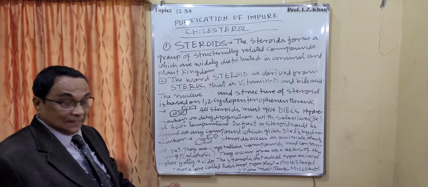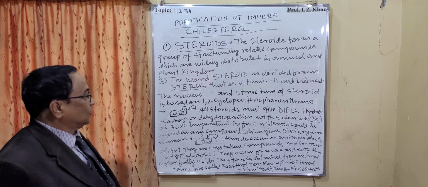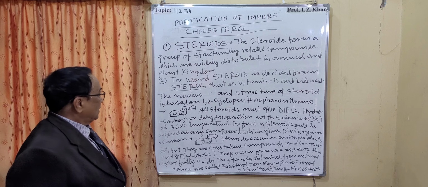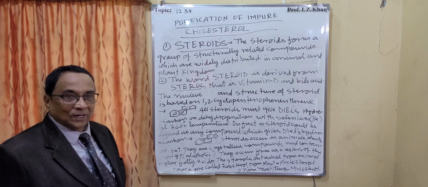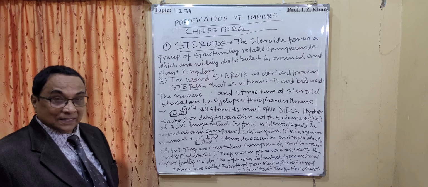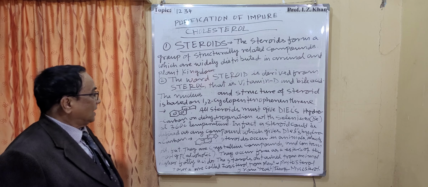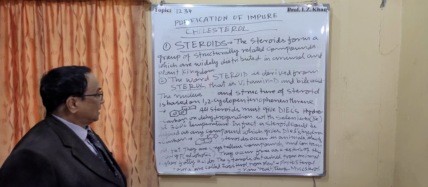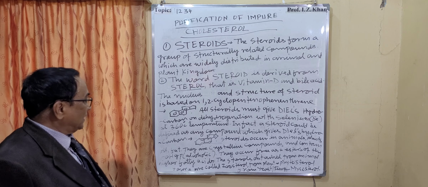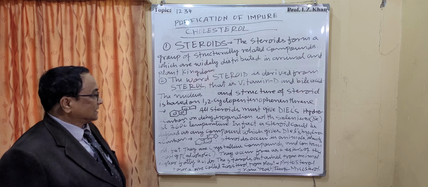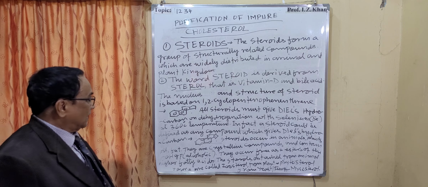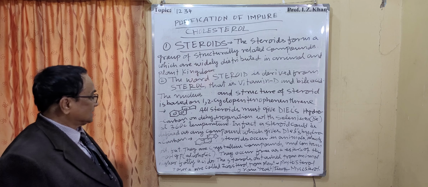I have already discussed all this, I have just given the note. The hydrocarbon is obtained on dehydrogenation, when it is distilled with selenium at 360 degree temperature. In fact, a steroid could be defined as any compound which yields this hydrocarbon, and the structure is written here.